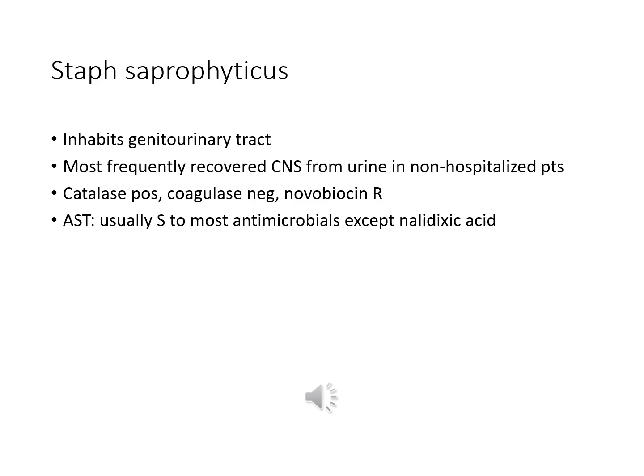So an easy way to remember the novobiocin with epidermidis and saprophyticus is that the S's do not go together. So Staph epidermidis is susceptible to novobiocin, whereas saprophyticus is resistant. So saprophyticus S is resistant R. We'll usually use susceptibility testing to most antimicrobials except for nalidixic acid.